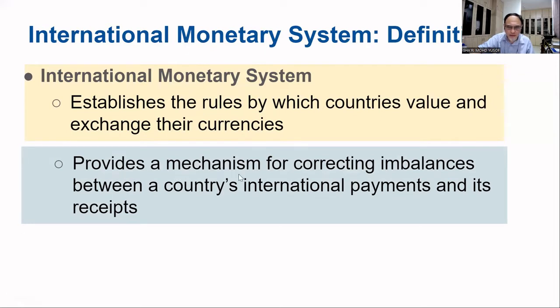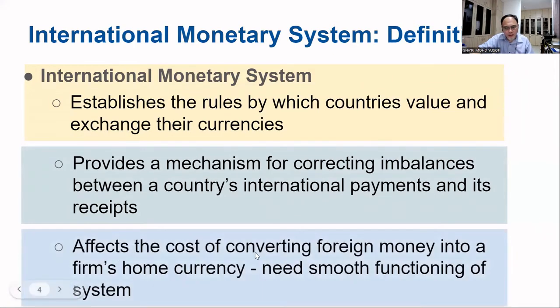So the international money system provides a mechanism for correcting imbalances between countries' international payments and receipts. How do we make sure that countries actually have surplus or deficits and so on. And it also affects the cost of converting foreign money into a firm's home currency.